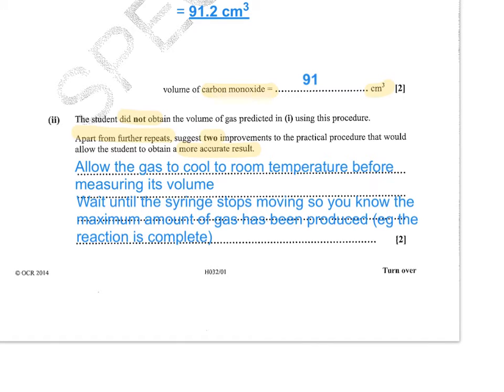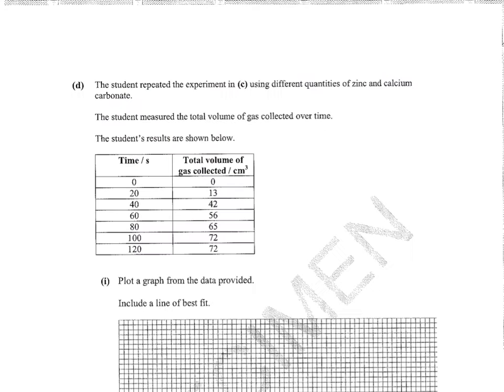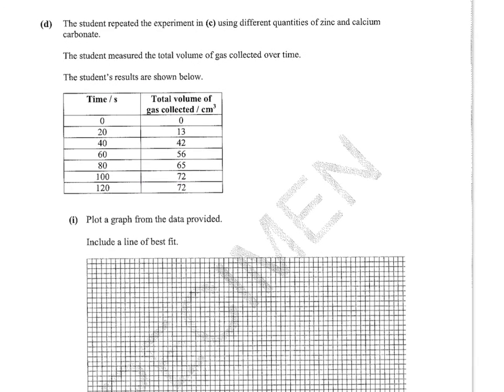So we're over the page onto part D. Let's move the page up a little bit. So it says the student repeated the experiment in C using different quantities of zinc and calcium carbonate. The student measured the total volume of gas collected over time. So obviously the improvements have been put into place. And the student's results are shown below.